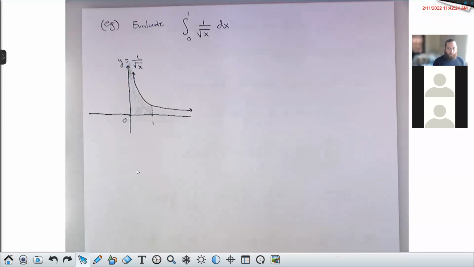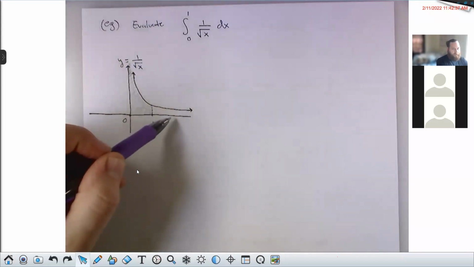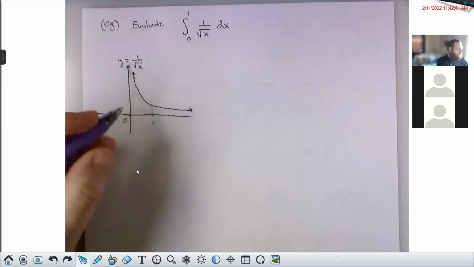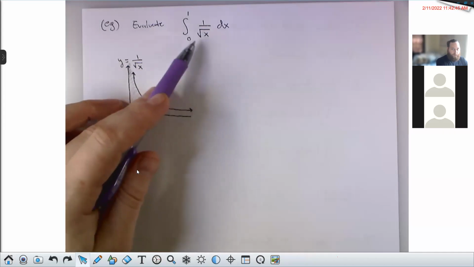But there is a way to get around this using limits in the same fashion that we use limits to get around type 1 integrals problems. The trick this time, instead of like dropping a t over here and then sending t to infinity, as I would if I was trying to integrate from 1 to infinity, is to replace the lower bound by t, because that's where the problem is now.